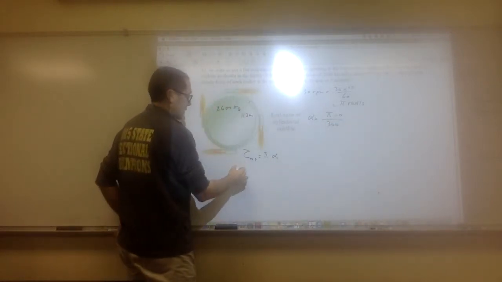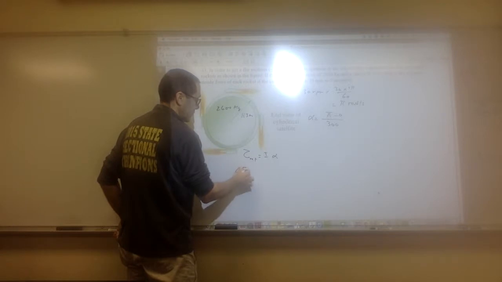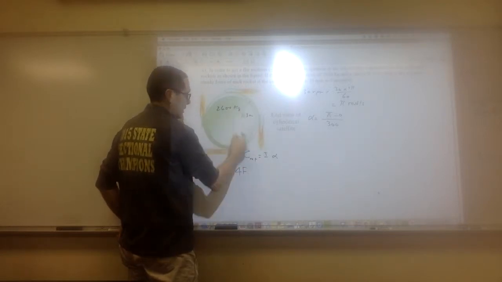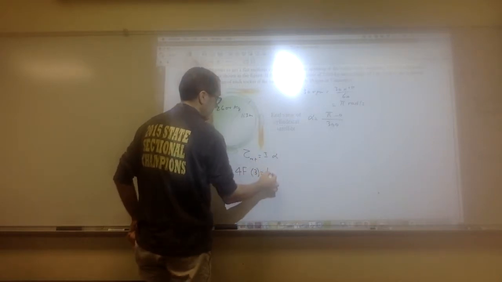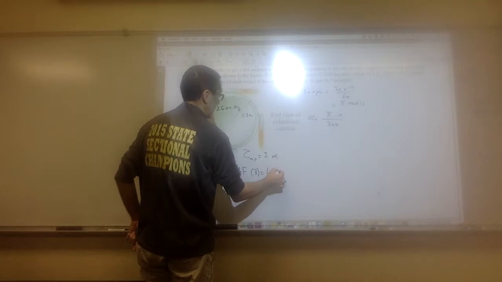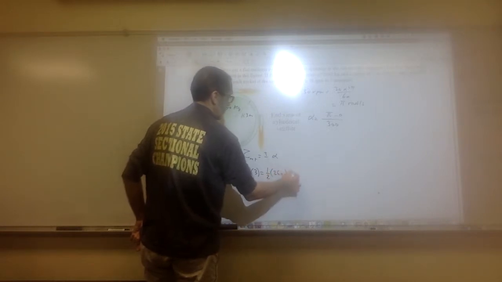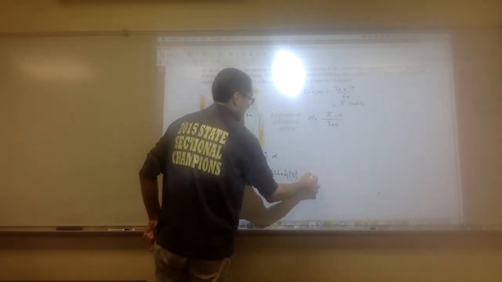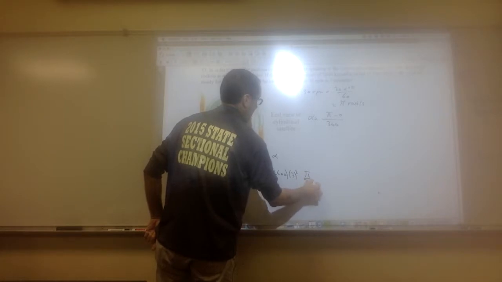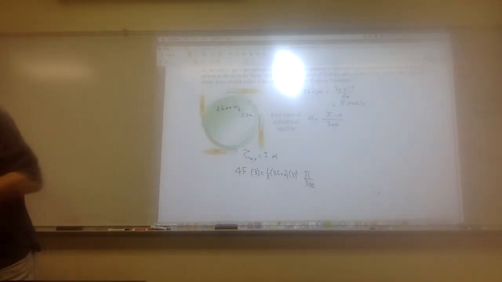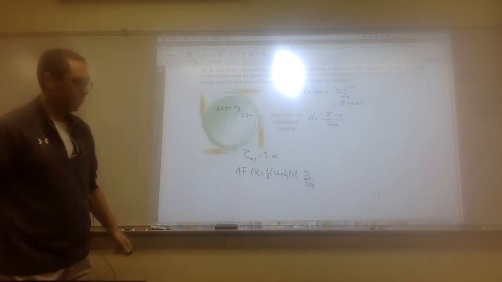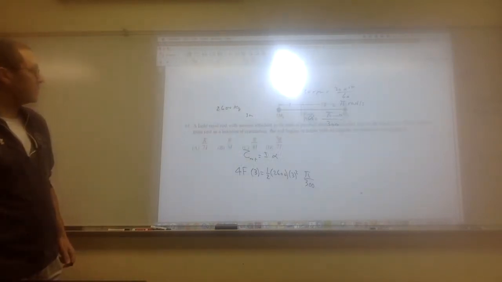The net torque is created by 4 forces at distance r away, which is 3, equals the I for a cylinder or a disc, 1/2 m r square, times that alpha. Okay, and when you finish, you should get an answer of 10.21 newtons. Let's look at the next one.